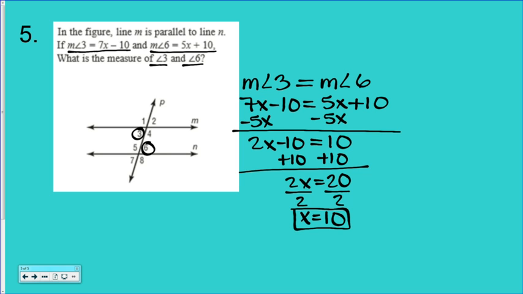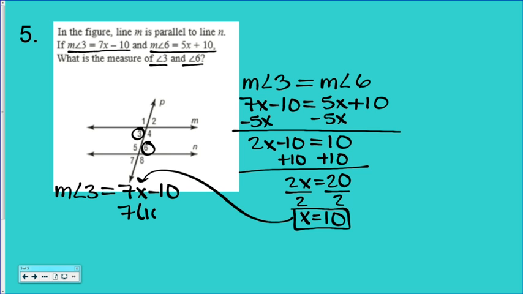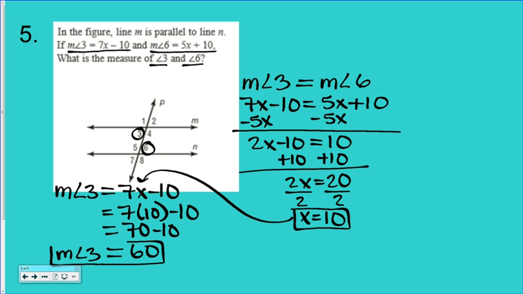back into our angles. So the measure of angle 3 is 7x minus 10. Plug in x. 7 times 10 minus 10. 7 times 10 is 70. Minus 10 is 60. So the measure of angle 3 is 60.